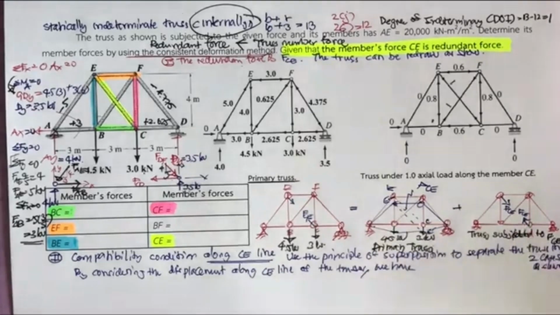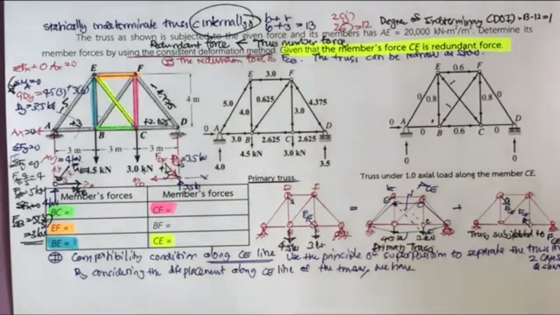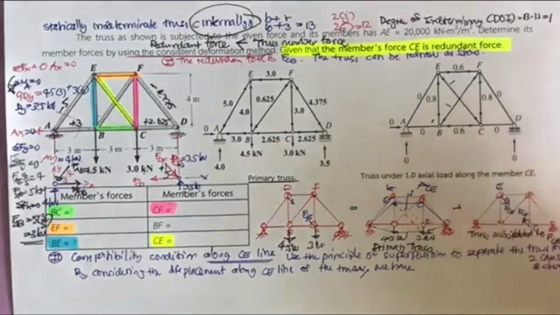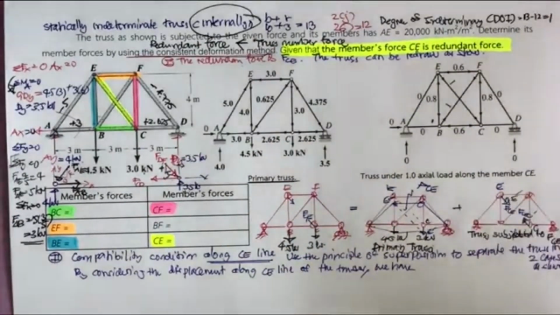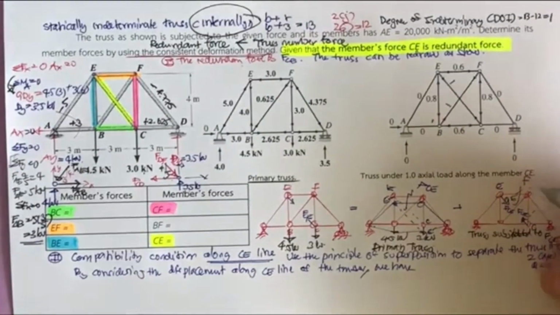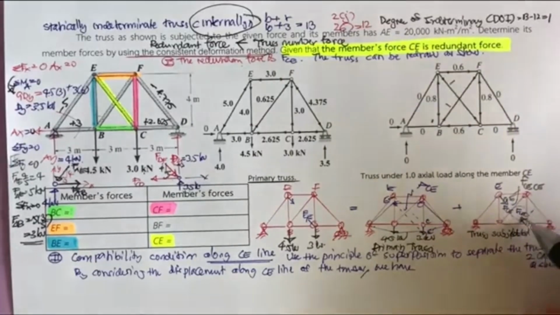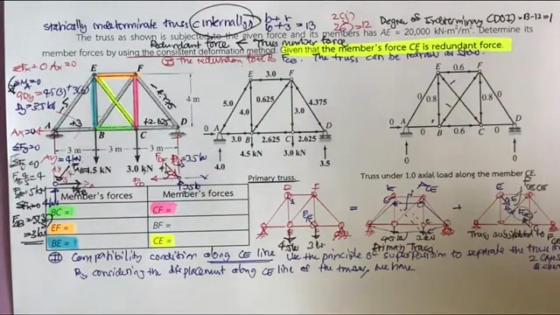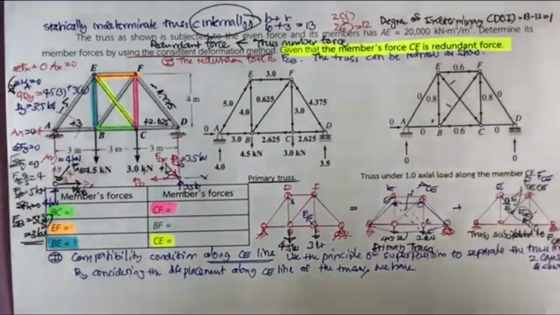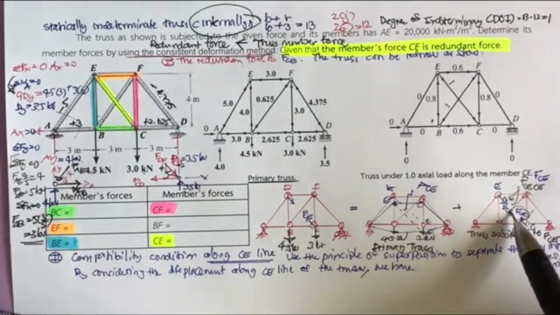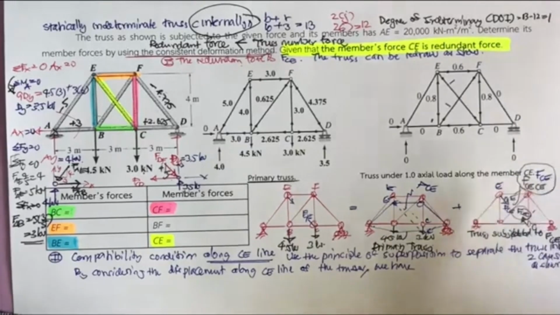And this one also, when it's subjected to this force, the points C and E are going to move to C prime and E prime. We say this is going to be f sub CE,CE when the redundant force is 1.0. If you multiply it by the total redundant force, the total displacement of this truss is going to be f sub CE,CE times the redundant force.